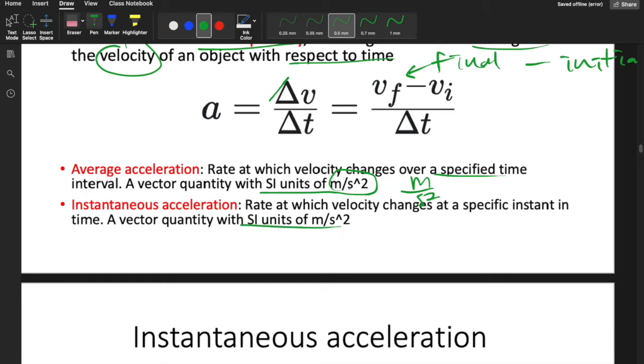And instantaneous acceleration is the velocity change at a specific instant in time, also with SI unit of meters per second squared. To put instantaneous acceleration in simple words, it is the average acceleration during a very small time interval, so small that the time approaches 0.